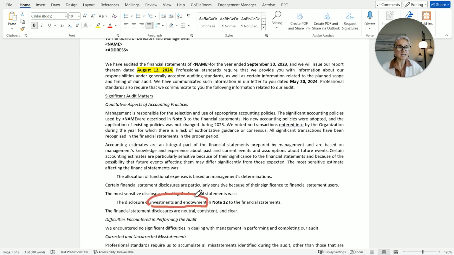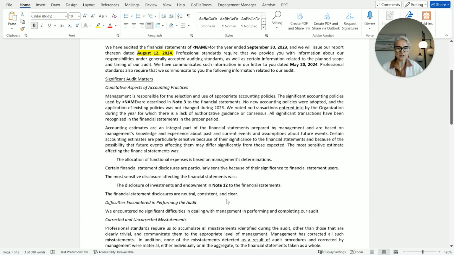The organization has an endowment fund, meaning net assets restricted in perpetuity, and it's in footnote 12. So because there's a donor-created endowment fund, we're saying it's very critical for the board to be aware that these funds are restricted in perpetuity, and please review that footnote.